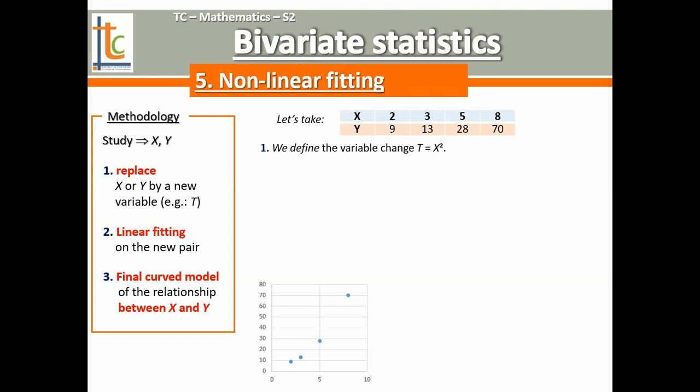If you are replacing x by x squared, think of the graph: you will change the labels of the graph and the scale, and maybe, and it's a fact, your parabola will be transformed into a straight line. So that's the key point here.